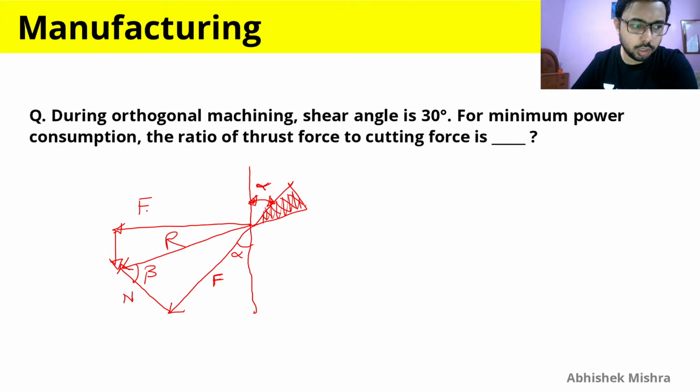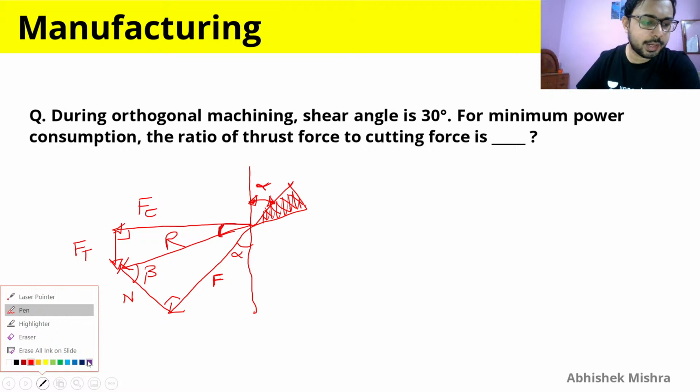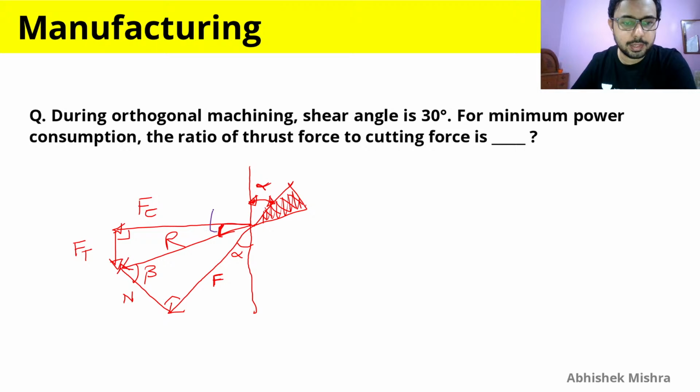So here your Fc is there, and here your thrust force is there. This is 90 degrees, this is 90 degrees. So what is this angle? This angle is beta minus alpha.